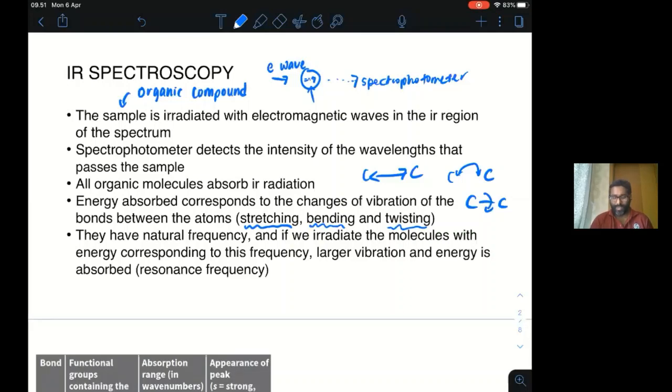So some of the energy is absorbed by the sample, and a certain part is detected by the spectrophotometer.